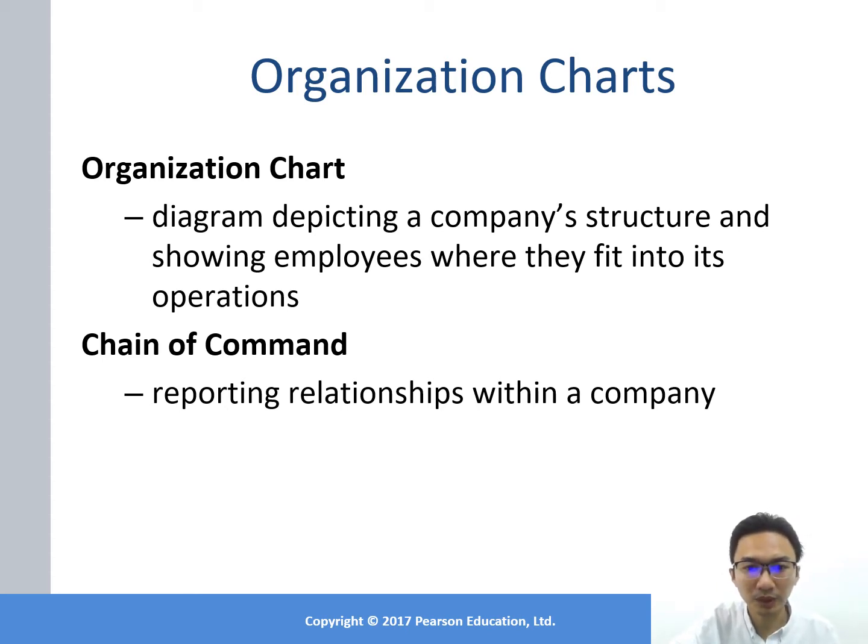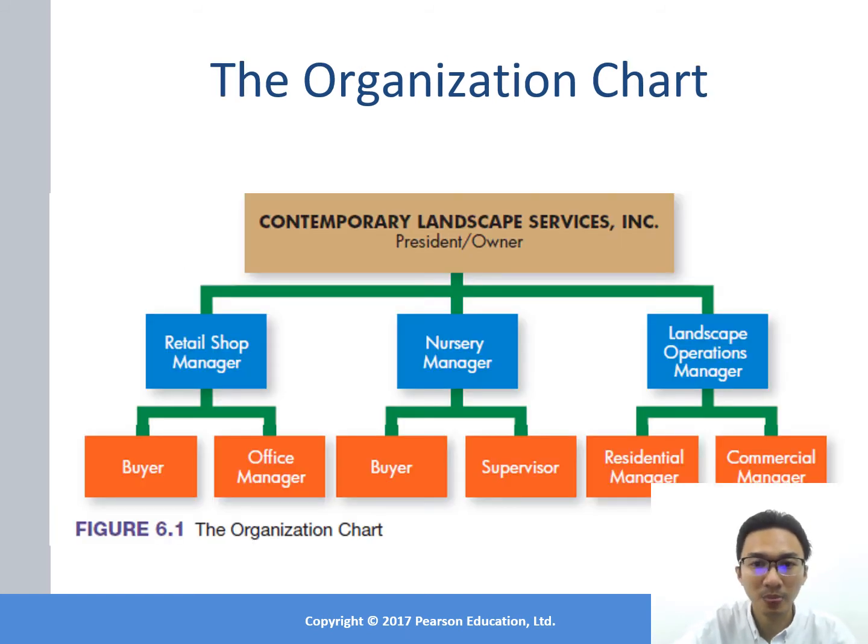Inside the organizational chart itself, we would see a chain of command, which shows reporting relationships within the company. Who reports to whom? Who are the bosses of whom? If somebody makes a mistake or a problem, who should I tell? Or if somebody does something good, who should I inform so that he or she will get praise? So this is an organizational chart.